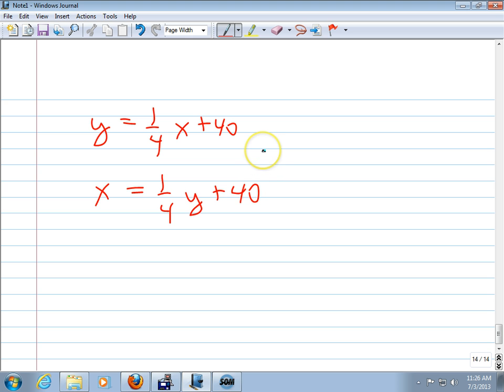Okay, how do you solve for y, children? I'm pretending I'm in high school, sorry. Subtract the 40, so you get x minus 40 equals 1/4 y. How do you get rid of the 1/4? 4 times x minus 40. Okay. All right, good.